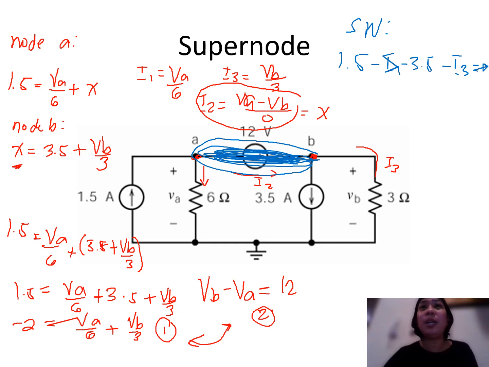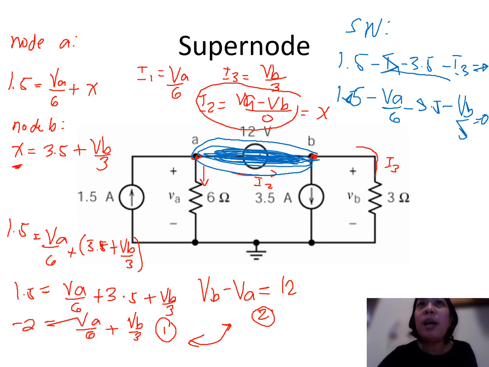And then you substitute. So we have here 1.5 minus VA over 6 minus 3.5 minus VB over 3 is equal to 0.